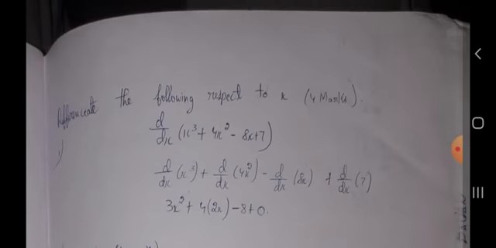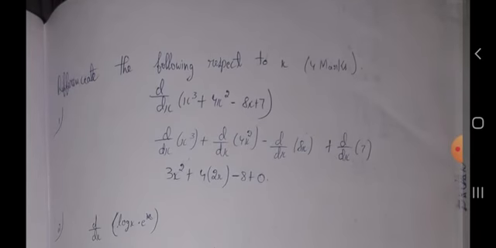See here sums came, so let us solve the sum. So 4 marks they may have. d/dx of x³ + 4x² − 8x + 7. So d/dx x³ we have to take plus d/dx 4x² minus d/dx 8x plus d/dx 7.